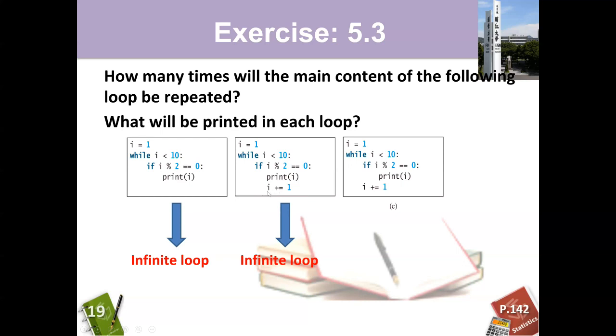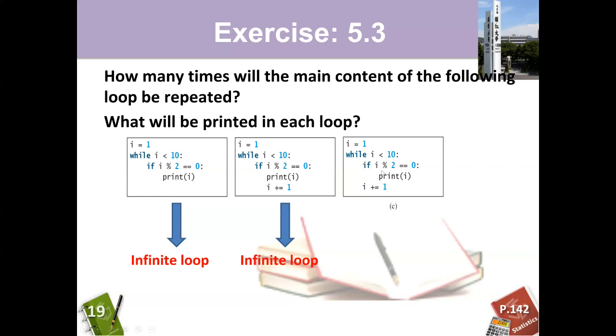But actually, this I increment is under the condition of the if, where I has to be divisible by 2. So case C is much better, because no matter whether I divided by 2 equals 0 or not, I will be plus 1. I will increase, so one day I will be larger than 10, and then it will quit the loop.